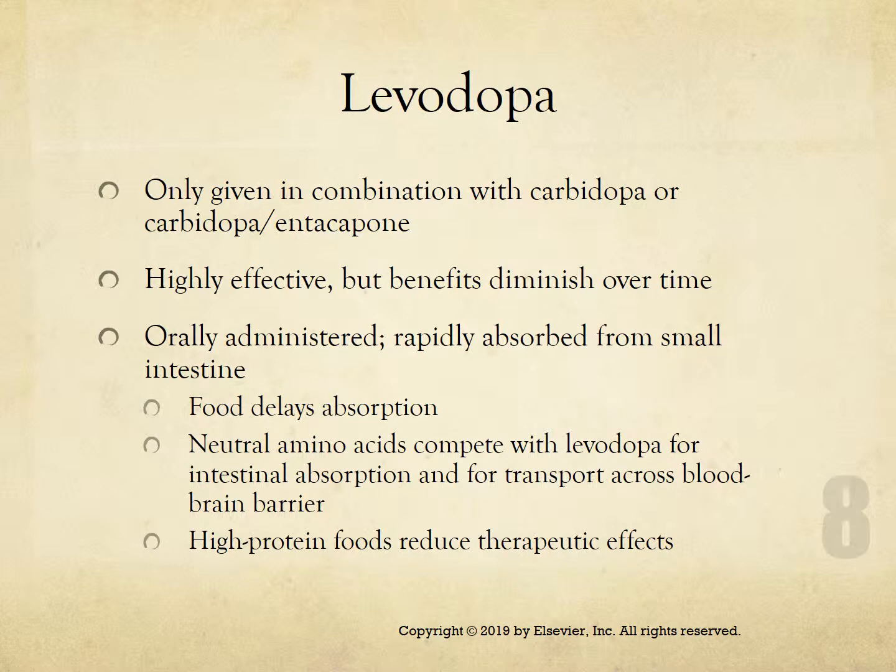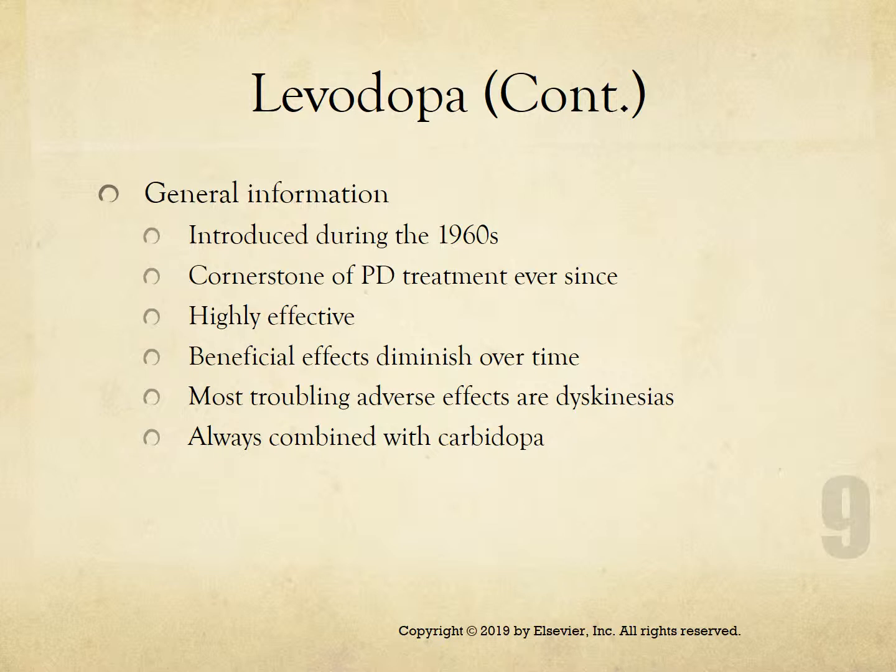So we will discuss levodopa. It is only given in combination with carbidopa agents. It's highly effective but does diminish over time, and food does affect absorption, especially high protein meals. It was introduced in the 1960s. It is still the cornerstone of Parkinson's treatment.